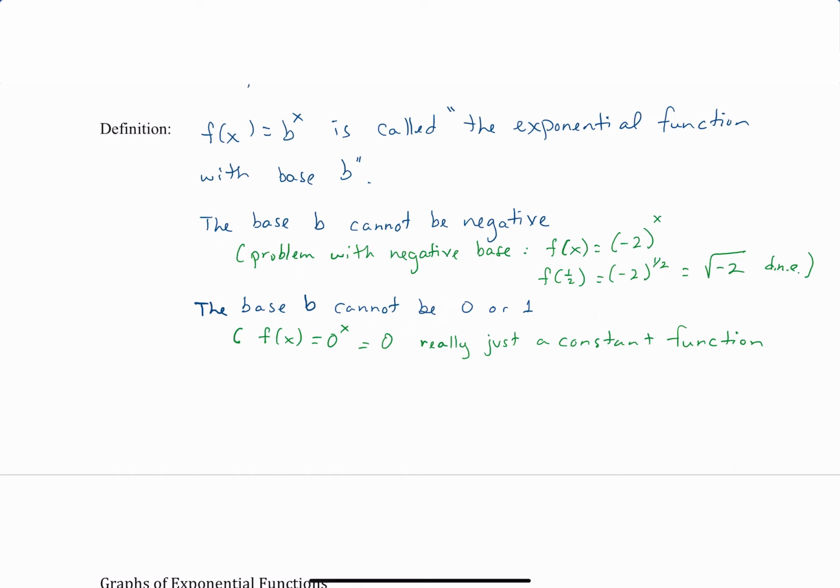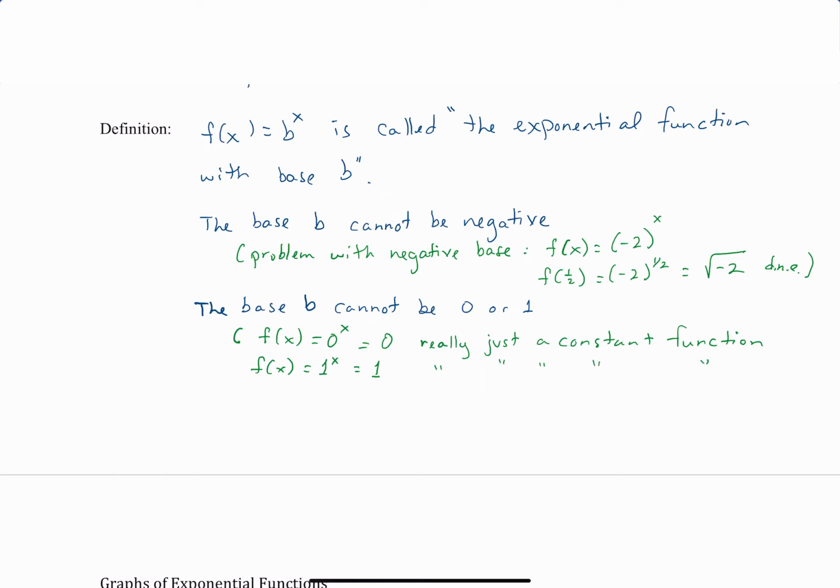We run into the same problem if our function was 1 to the x power. That's perfectly okay. You can define a function to be 1 to the x power, but anytime you raise 1 to a power, it doesn't matter what the power is, you're always going to get 1. So again, this is really just a constant function. So we want to keep that separate from exponential functions.